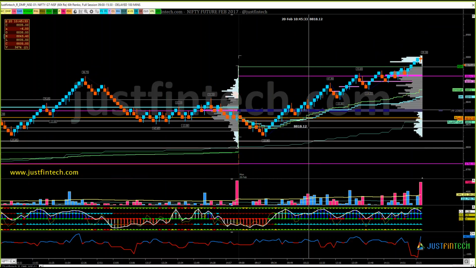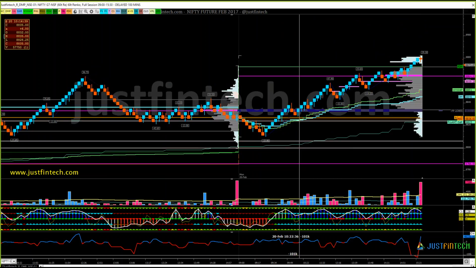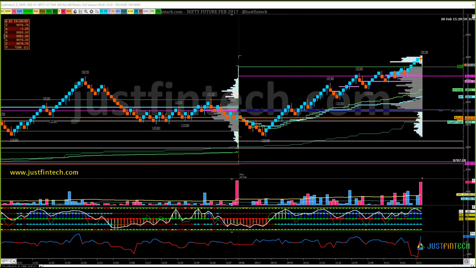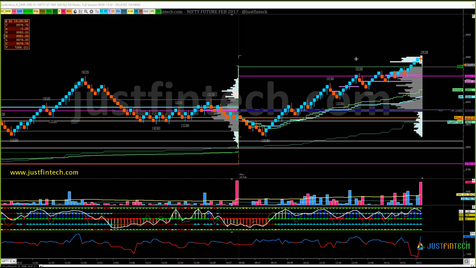Now let's have a look at what we can expect. It's difficult to guess here because we are at the extremes of the range, and there is no way to predict, but still we are just watching what would be the likely scenario. So you draw one here and another one here.